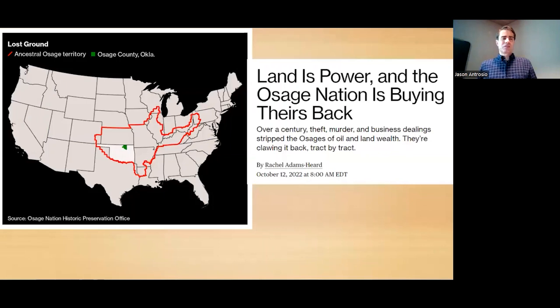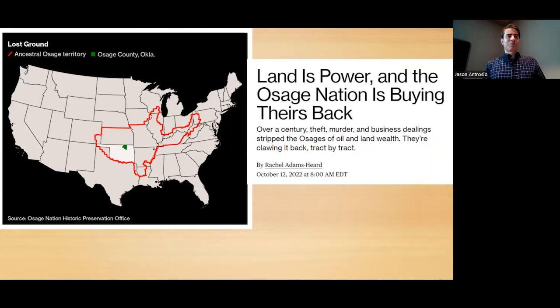This was an article in Bloomberg from not too long ago. So the Osage, as we recall, were a very powerful trading empire. And then they basically were, like many, forcibly relocated. However, they were one of the few groups that, because they did have some money, bought their own reservation. And so they purchased this land in Oklahoma, including the mineral rights. So later on, oil was found there.